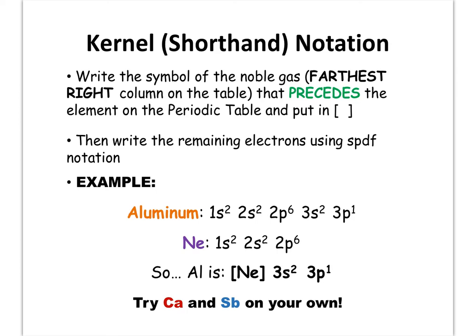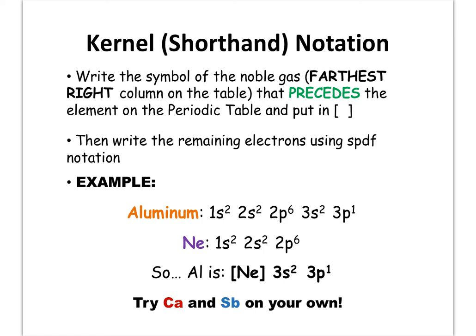So how you do this is you would write the symbol of the noble gas that precedes the element that you're doing. Precedes means the noble gas that comes before the element you're doing, just like the preseason comes before the season. If something precedes something, it comes before it.